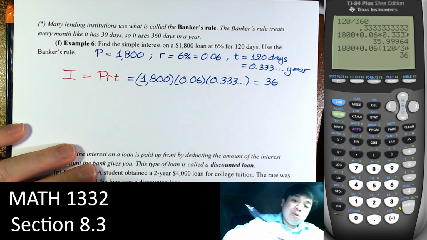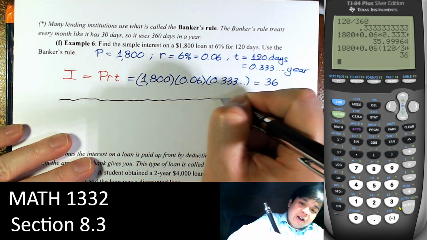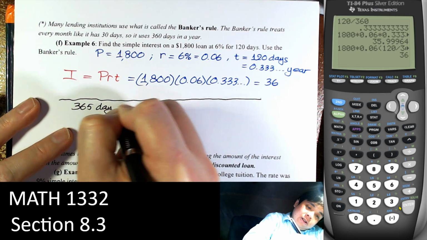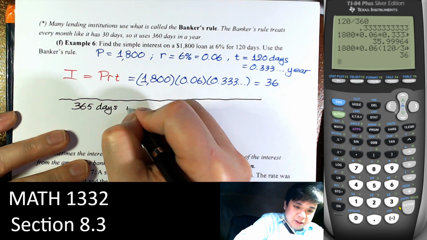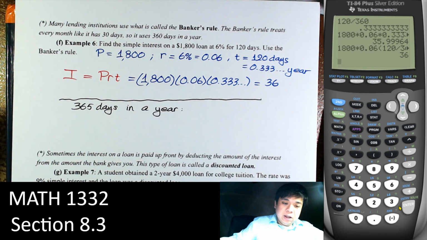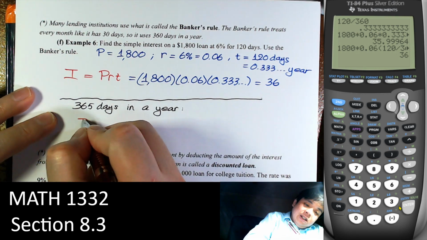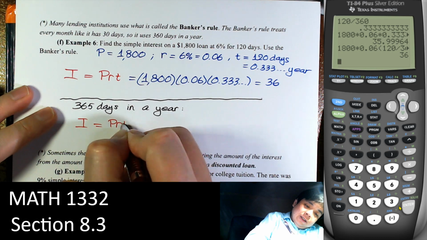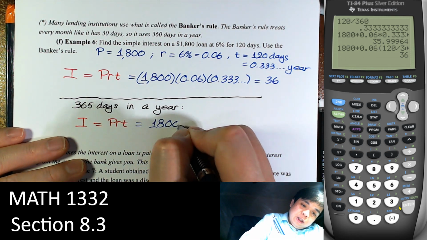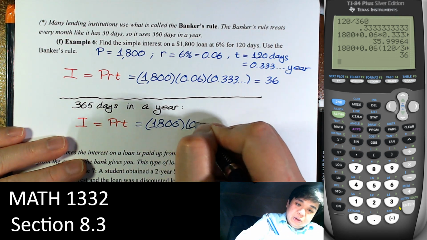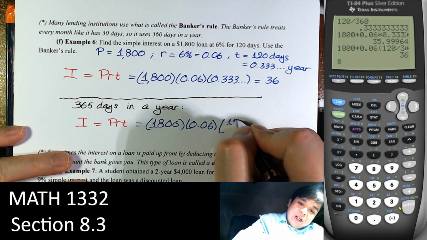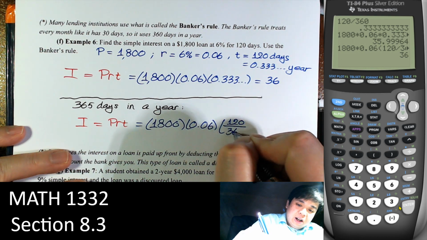Now, how does that compare to 365 days a year, that in reality? So this time we have 1800, the principal, the rate is still 6%, but this time 120 days over 365 days in the year.